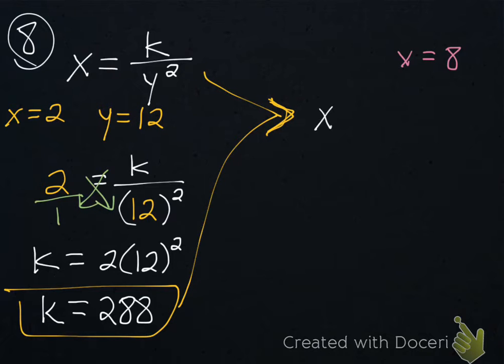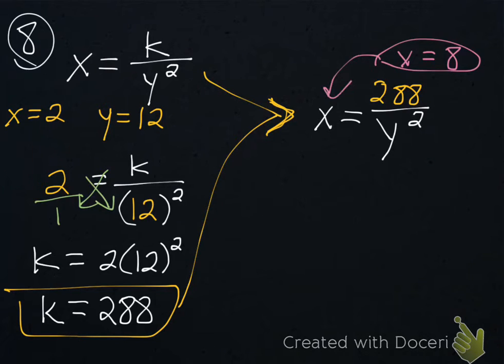So I get X equals 288 over Y squared. Now I can plug in my second set of criteria. Make sure you plug it in for the correct variable. The 8 gets plugged in for X. It's over the Y squared, and we still have the 288 on the top in the numerator.